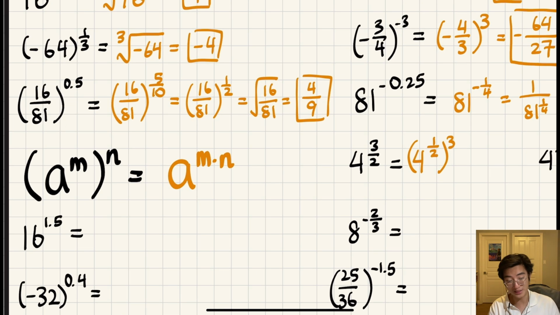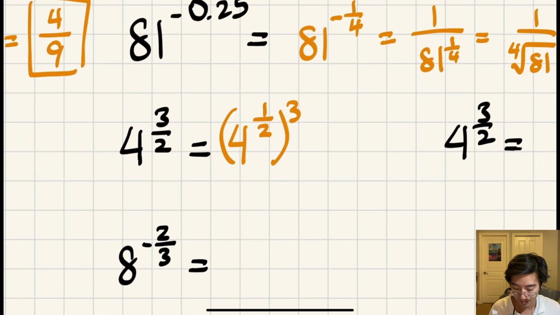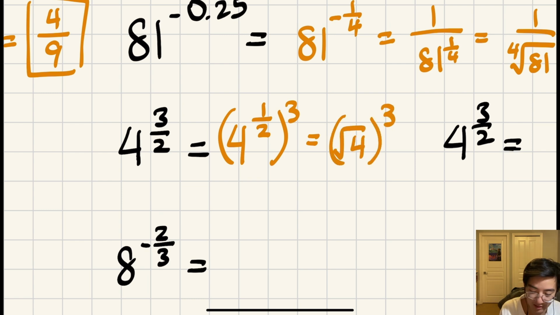That's all it is, because when we take the exponent of an exponent, we just multiply the exponents together. Which means that we have 4 to the power of a half, to the power of 3. And we know that 4 to the power of a half is just the square root of 4, to the power of 3, which is just 2 to the power of 3, getting us 8.